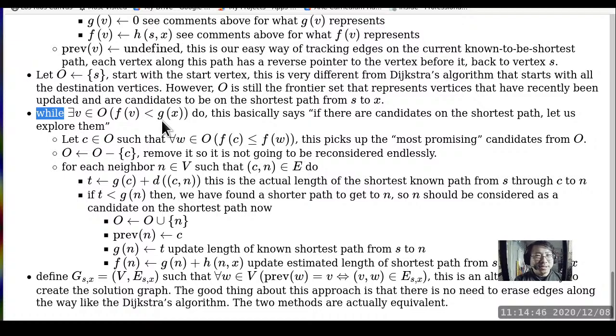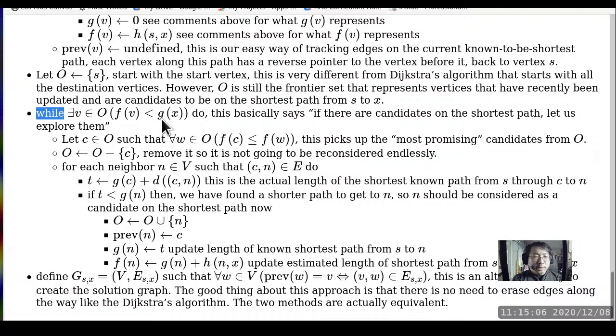That is a long phrase to describe it. But why? Well, think about the other way around, okay? Think about the case where every single vertex in O has an F value that is greater than or equal to g of x. What about that? I mean, why is that problematic?